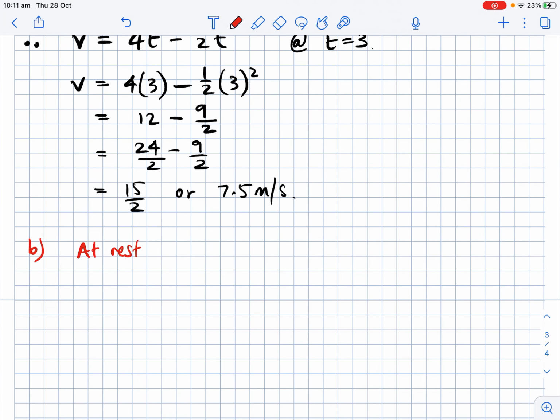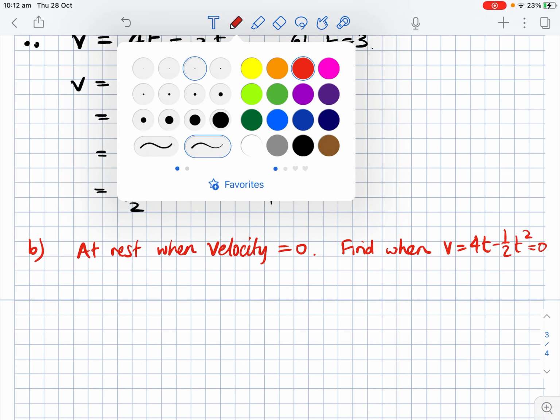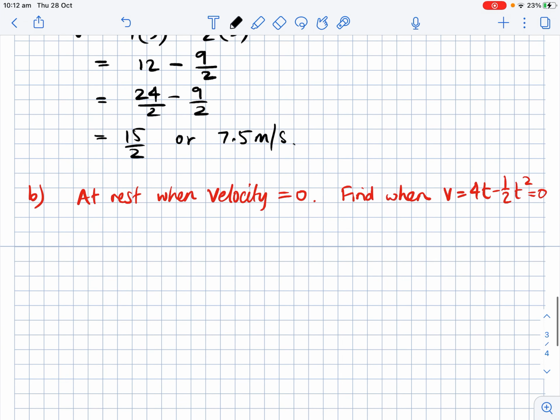So at rest, when velocity equals 0, find when v equals 4t minus a half t squared equals 0. Sweet, so there's my working out.